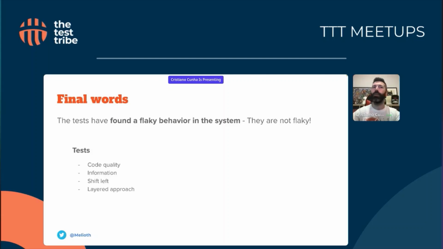So look at the tests. Code quality is really important. The only thing that I see that is inputted to tests is if the code quality is not what we want it to be, the test will be flaky. That I will give. But from what I see, if you have the right code in the tests, the right approach, most of the time, or I don't know, 98% of the time, the issue is not with the tests.